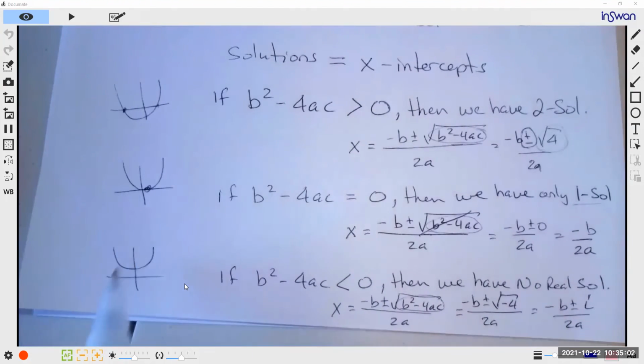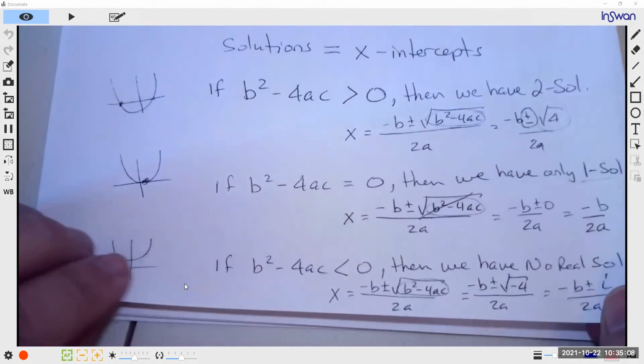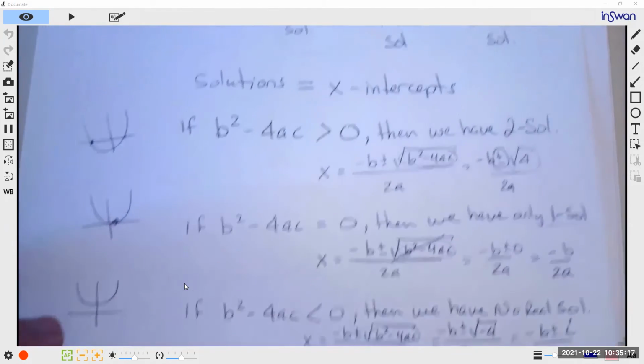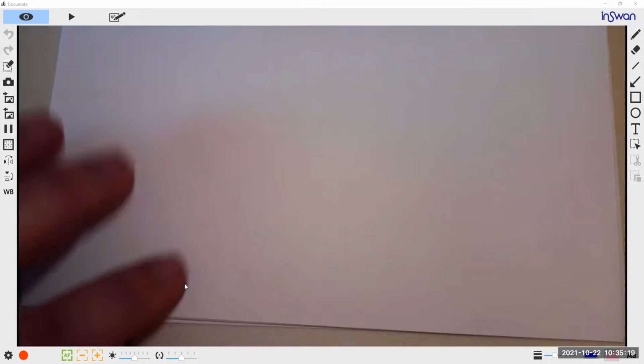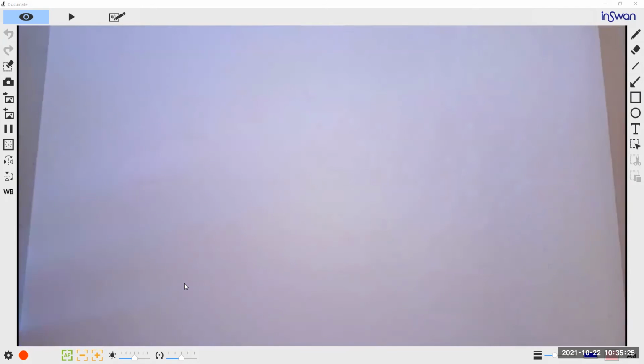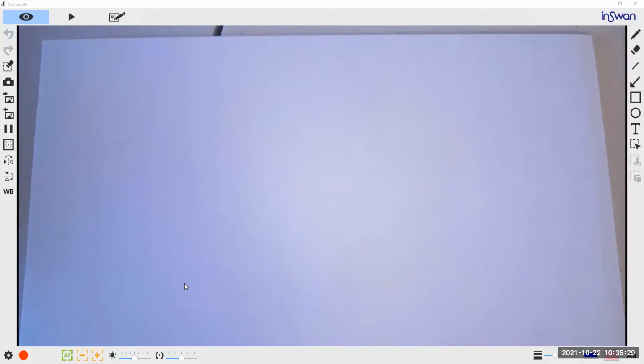But when it comes to graphing, you're done. All right, so that's the discriminant. So see, each part of the quadratic equation, we're looking at it and we're determining more about the equation.